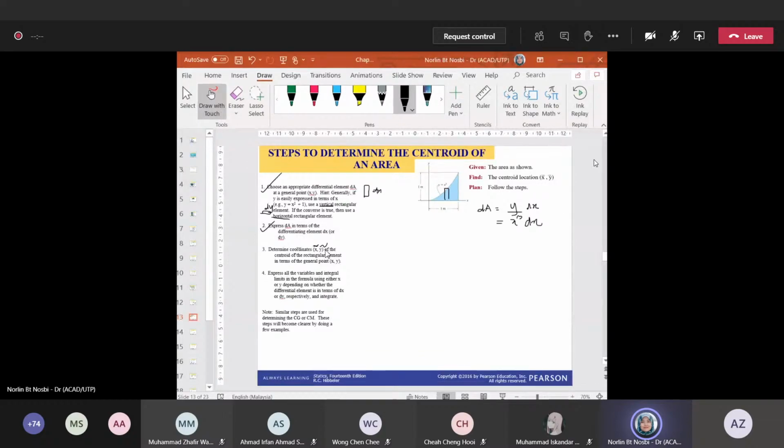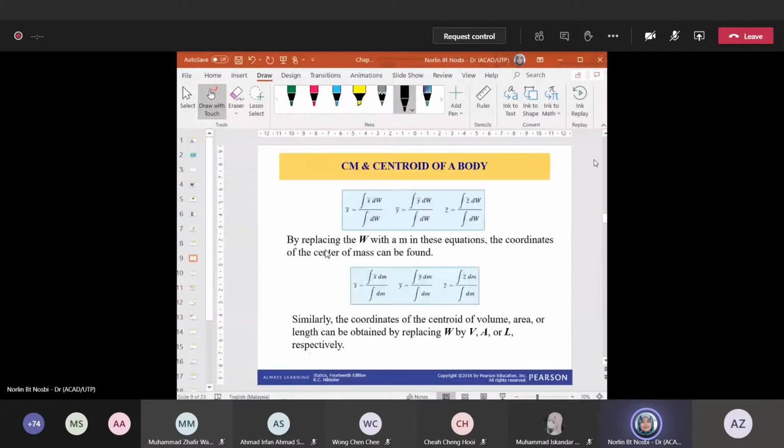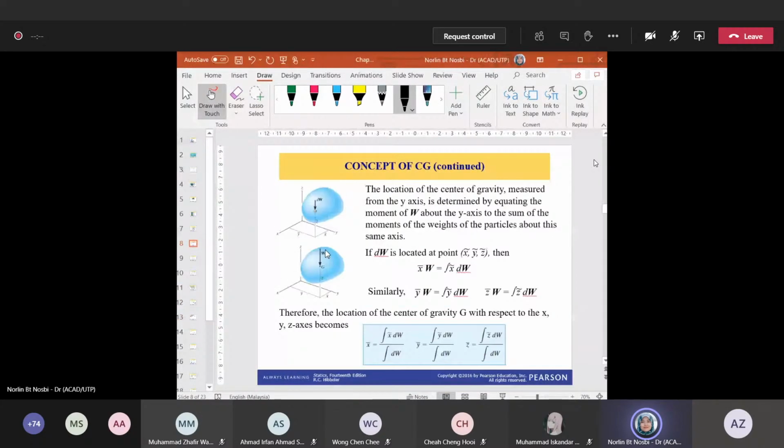If you remember, x tilde and y tilde is the center of the dW for each particle. Okay, for each particle, the center point is x tilde, y tilde, and z tilde.